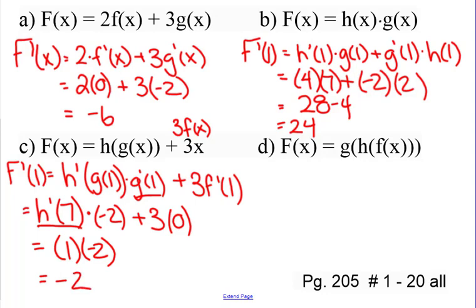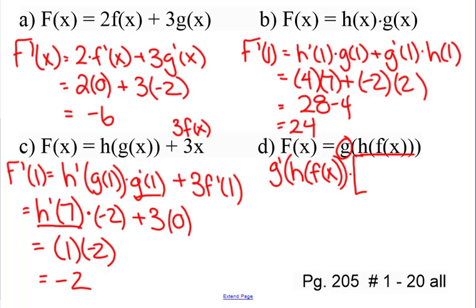And then last but not least, we've got g of h of f of x. So what does that look like? Well, let's start. We're going to have g prime of our h of f of x. So that's sort of the derivative of this piece times the derivative of our inside stuff.